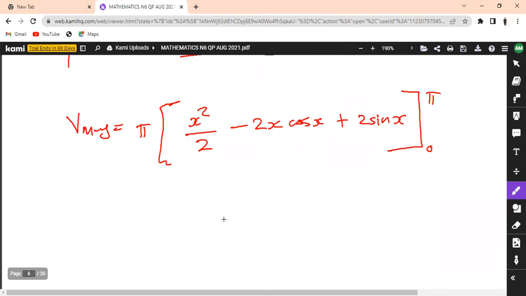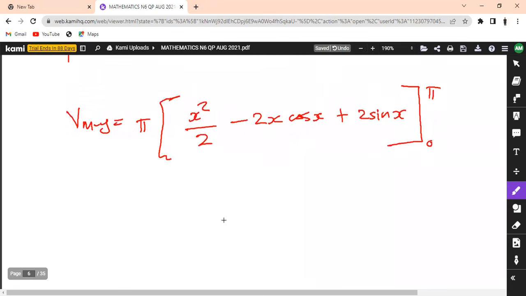So having this, it means we can actually substitute just like the previous part, guys. We can make our substitution here when x is pi. So it's going to be pi squared over 2 minus 2 pi cos pi plus 2 sine pi in this case.